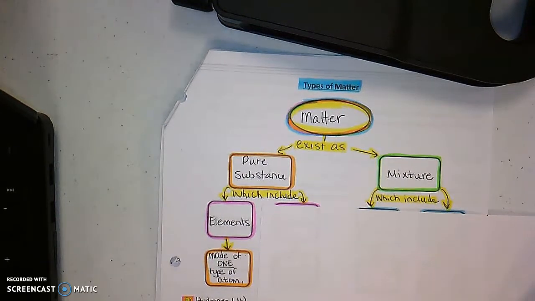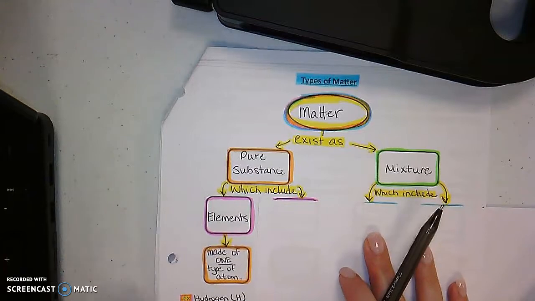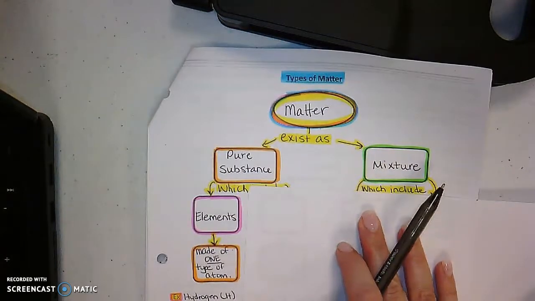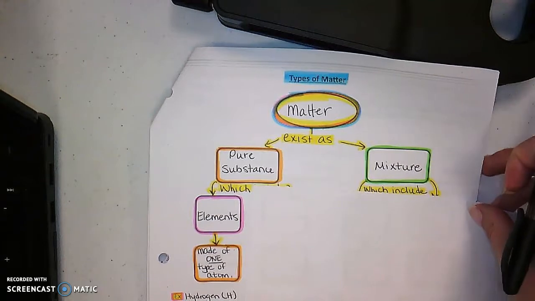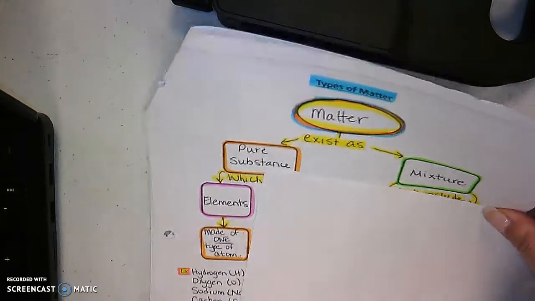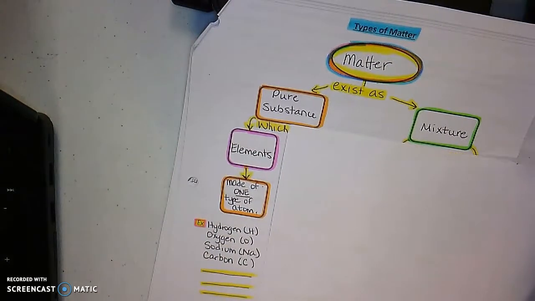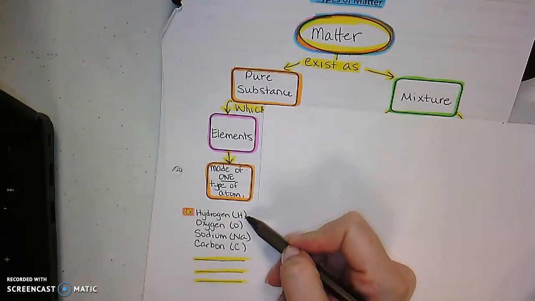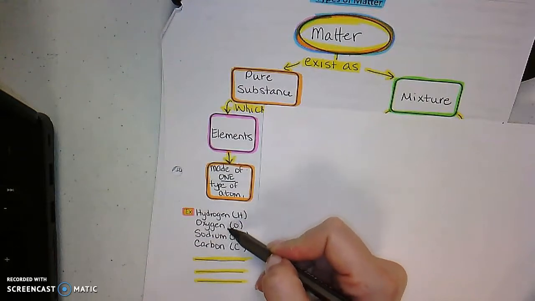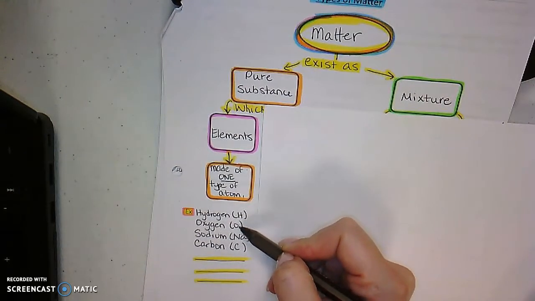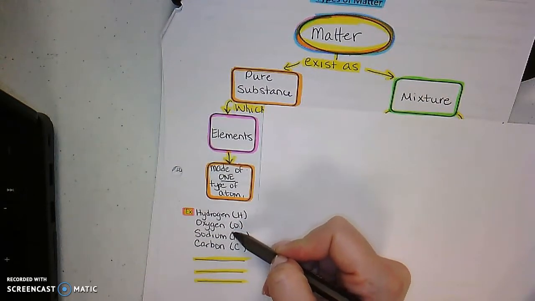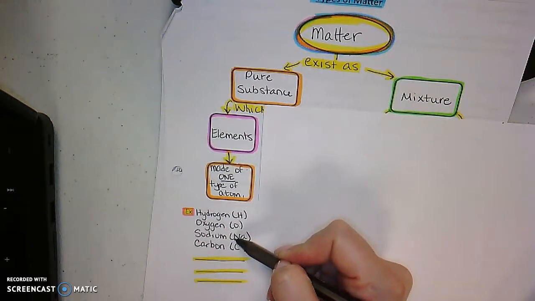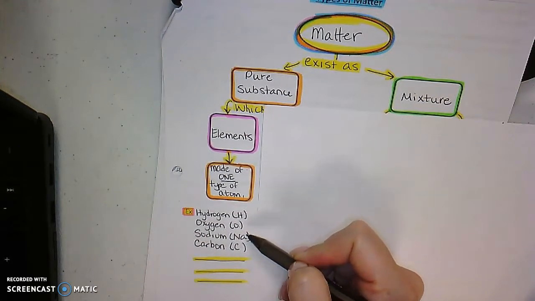So examples of elements would include, and I've just picked some off of the periodic table, and you're going to pick some yourself. So examples of elements, I have hydrogen, and in parentheses I have its symbol H. Oxygen, and in parentheses its symbol O. Sodium, and in parentheses its symbol capital N, lowercase a.